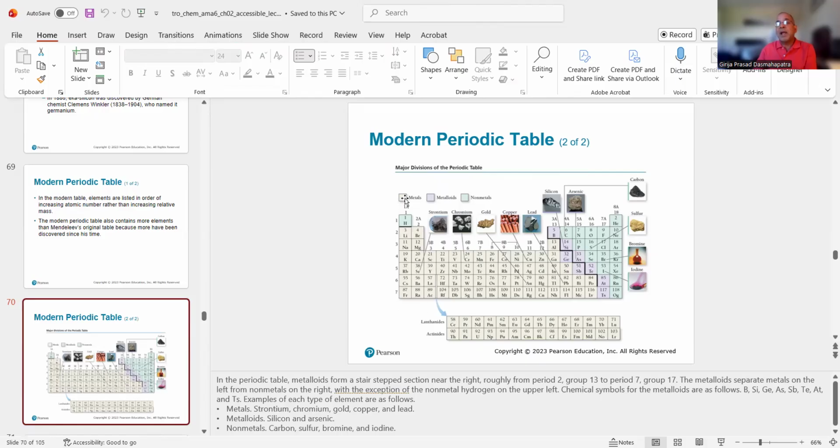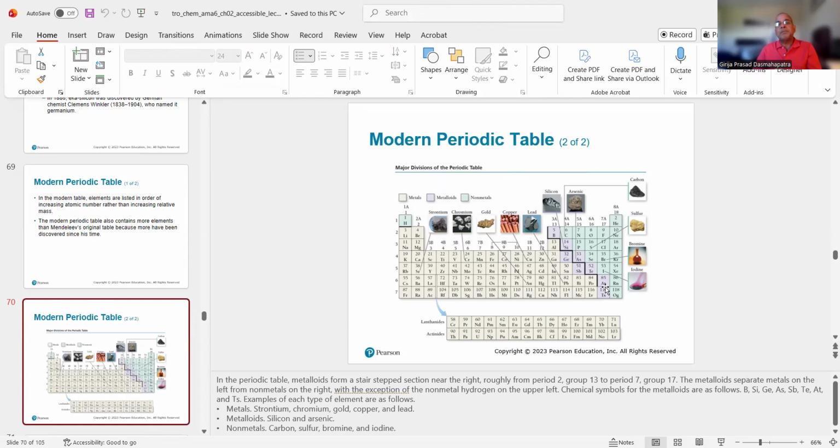As per the legends, any element with a light yellow background is a metal, elements with a light greenish background are non-metals, and there is also a light purple background, which are called metalloids. So elements can be broadly classified into three groups.